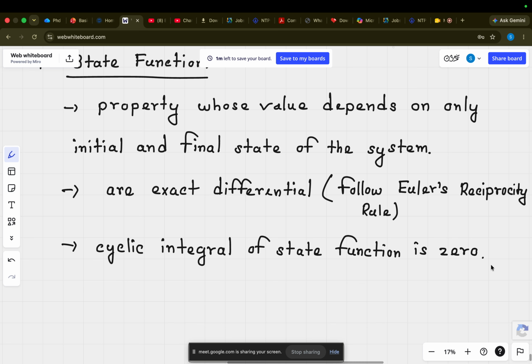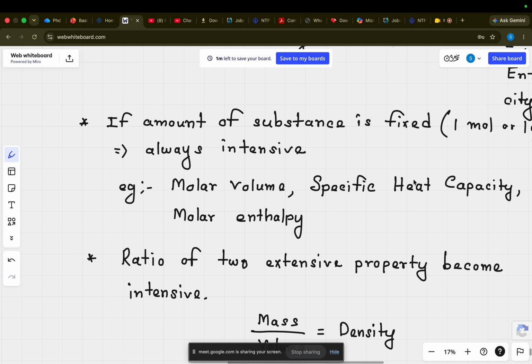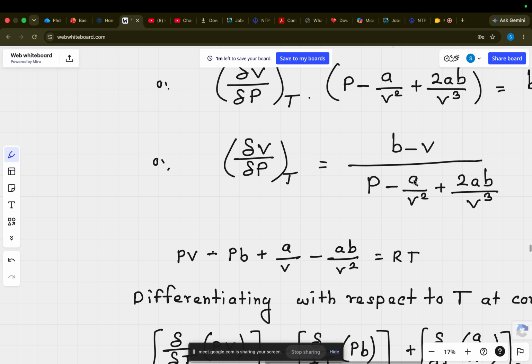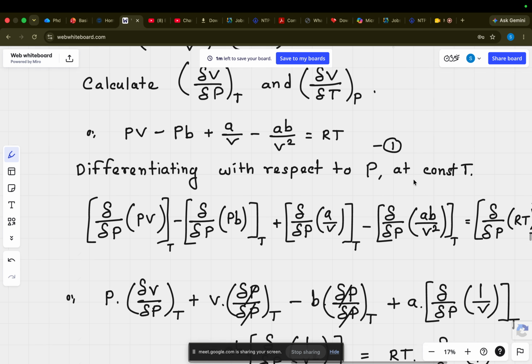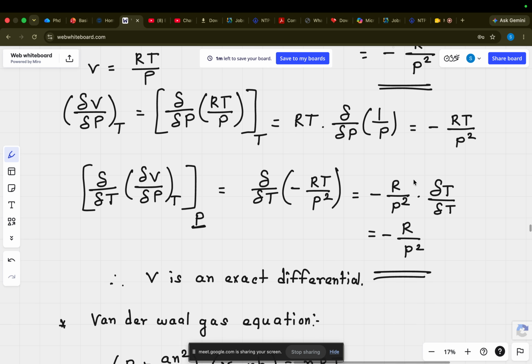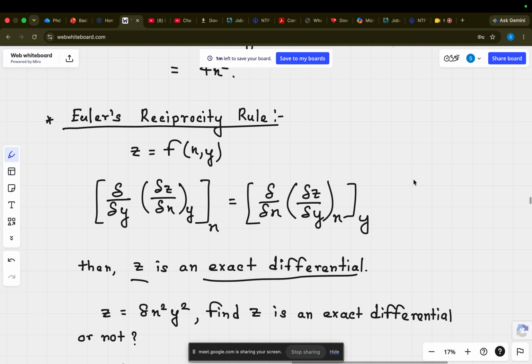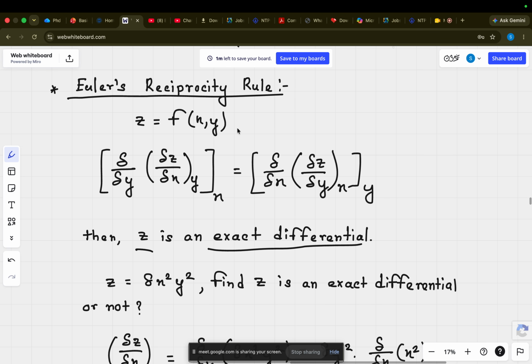So what is your exact differential? I showed you Euler's reciprocity rule, that thing only. Yesterday we have done this. If z is a function of x and y, it will follow this equation, and if it follows this equation, I told you z is an exact differential.